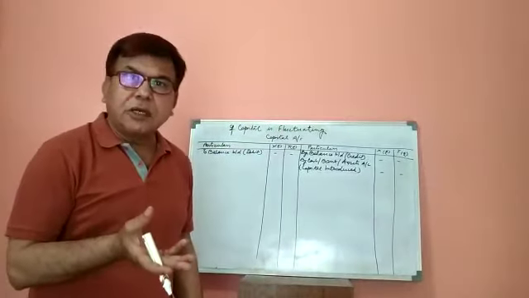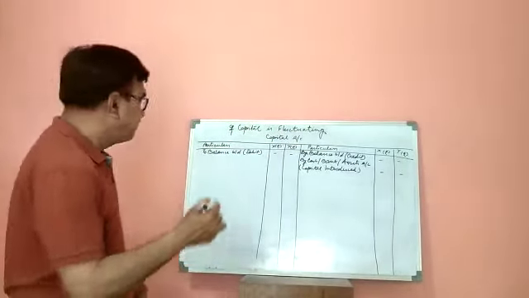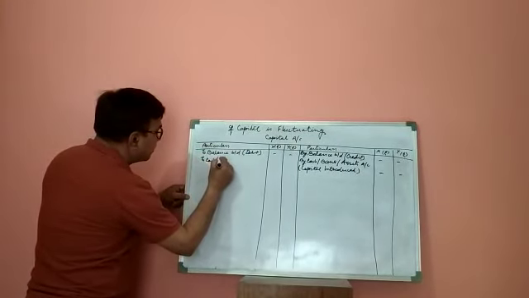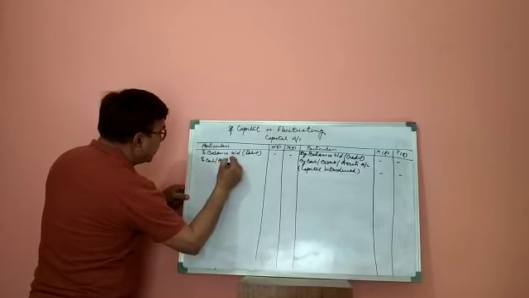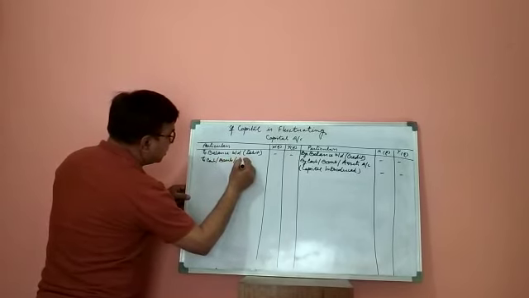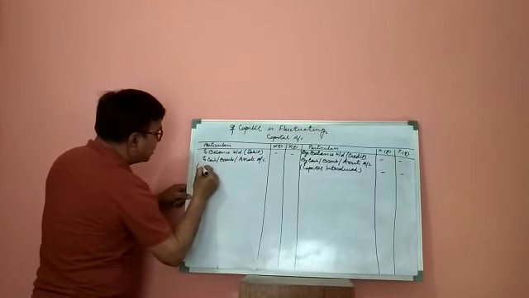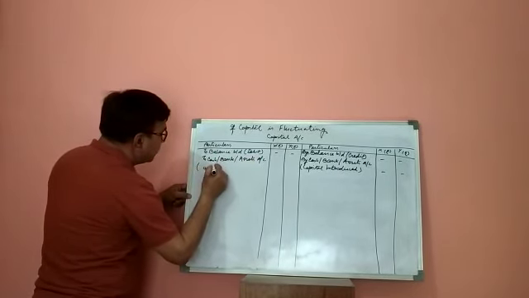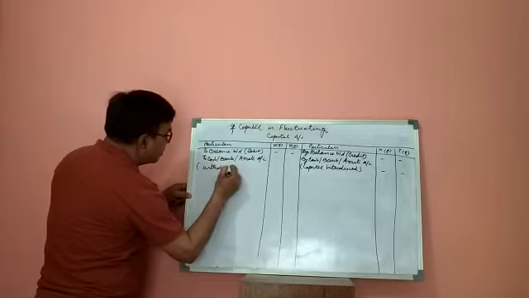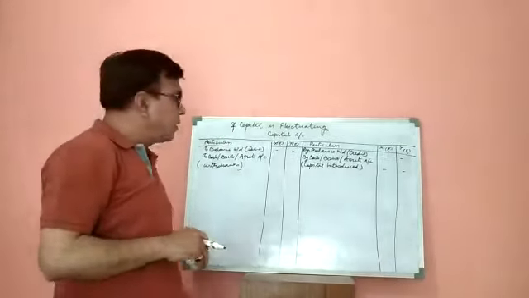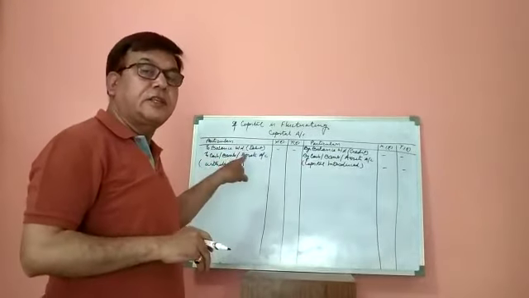Same way he may withdraw the capital, right? To cash, bank, maybe assets. Withdrawn. Right? Now these things we used to do in the fixed capital account also.